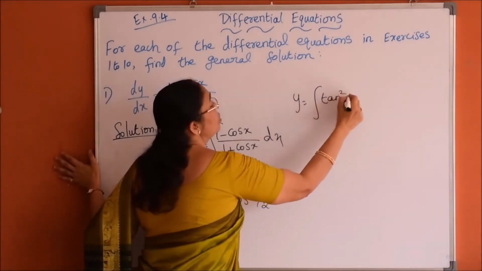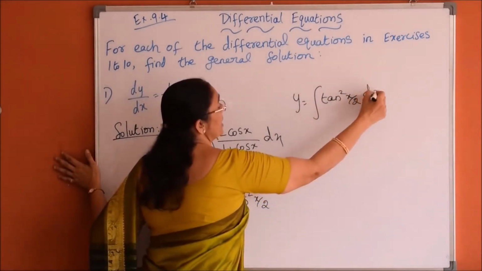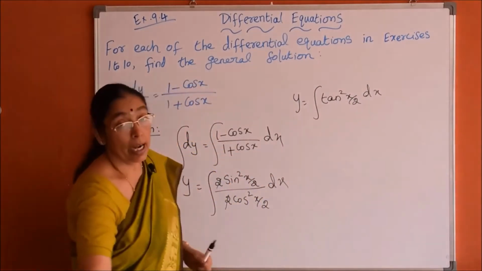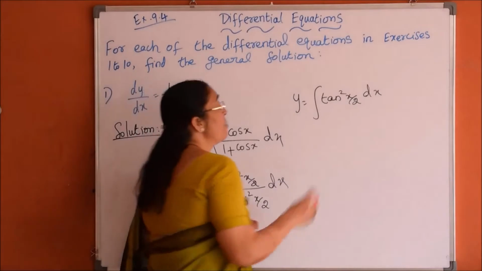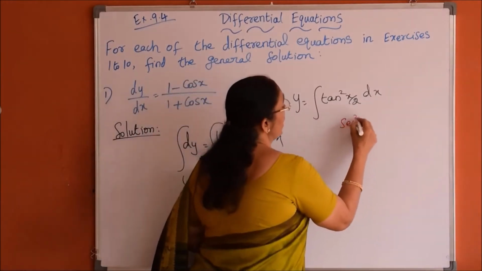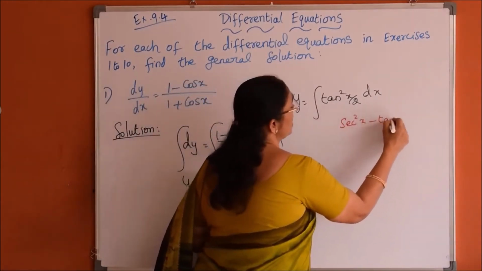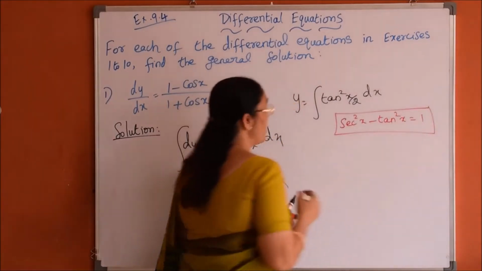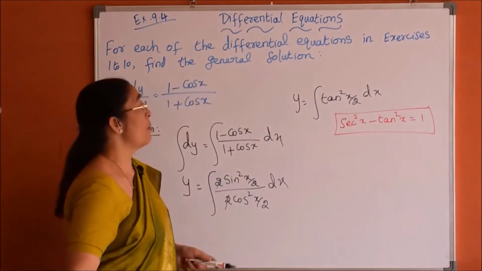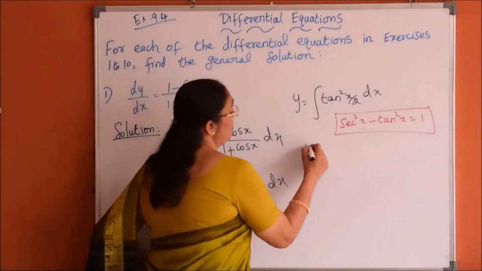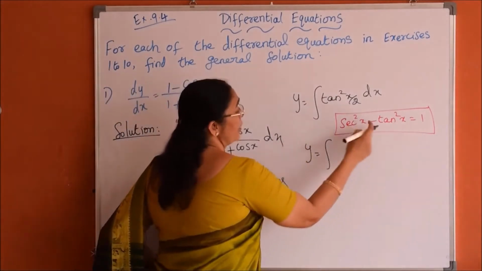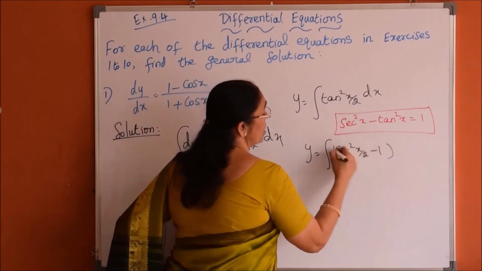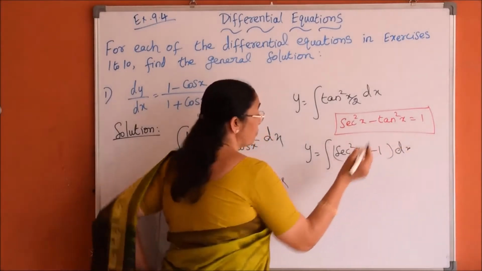We can't find the integration of tan square x by 2 directly, but we have the identity, which identity? Secant square x minus tan square x is equal to 1. With the help of this trigonometric identity, we can replace tan square x by 2 as secant square x by 2 minus 1 of dx.